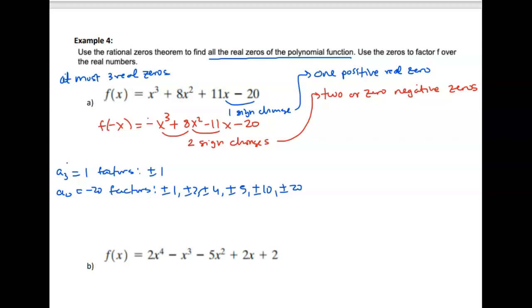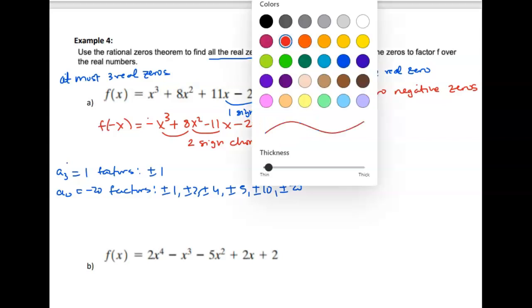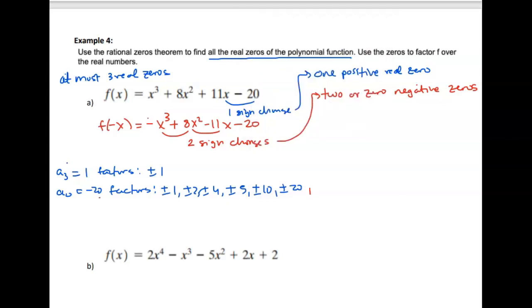So this is my P and this is my Q. Possible real zeros are P's over Q's, and because this is 1, it's just this list.